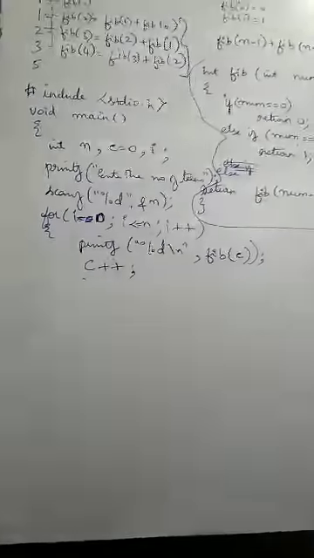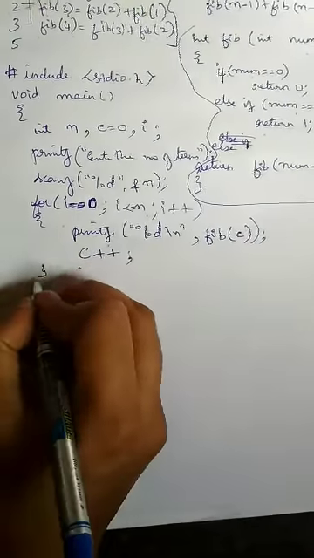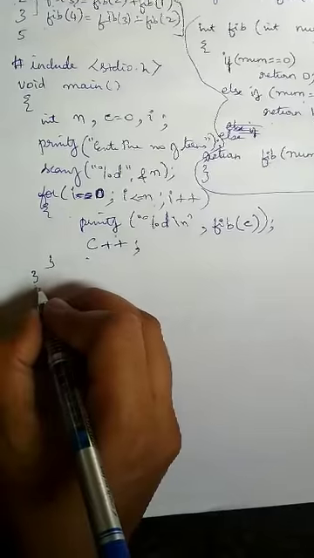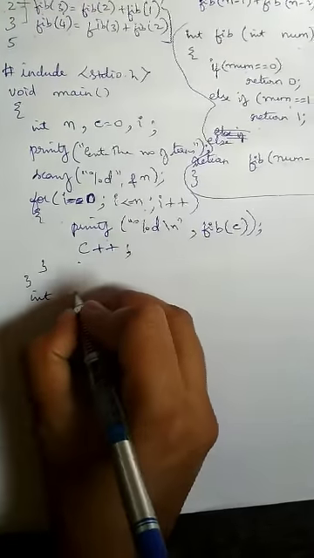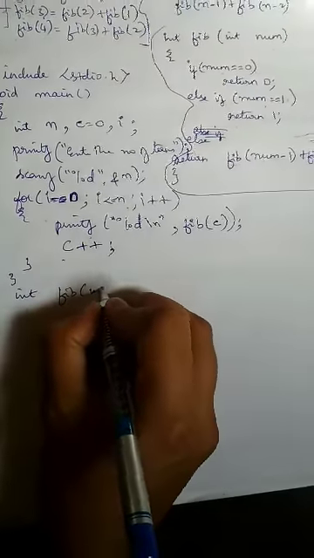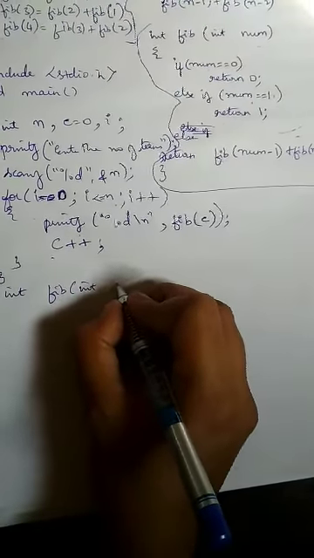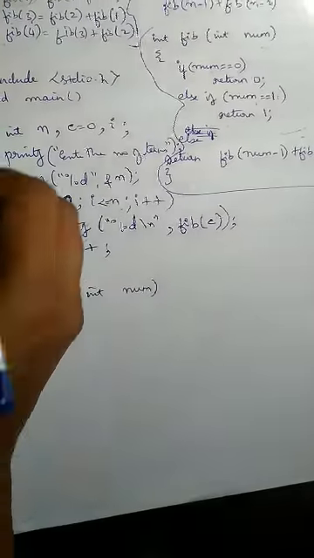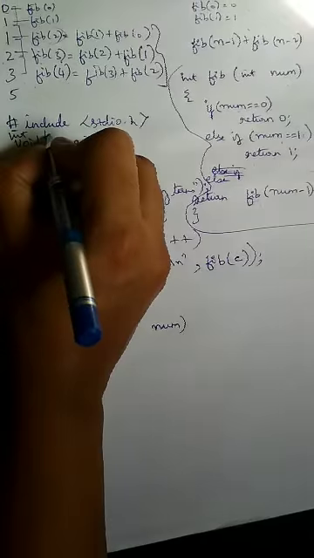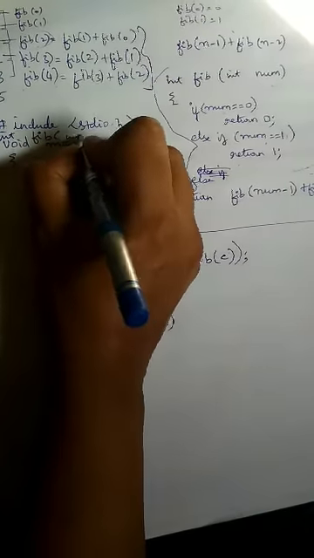Okay, so close this, close the main function. Now let us write the Fibonacci function. So return type here we are using as int. So fib of int, I can use it as number or n, anything. So remember one thing, you have to declare. So write int fib of int.